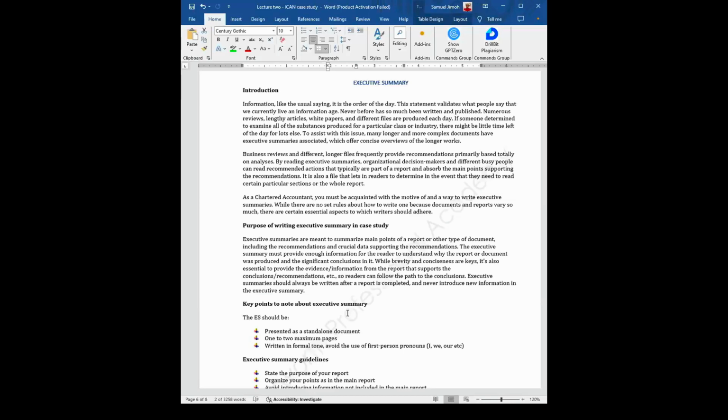Now, how can they cite your work? The only way it will be easy for them to find your work and find it useful and cite it is when you put an abstract at the beginning of your work.